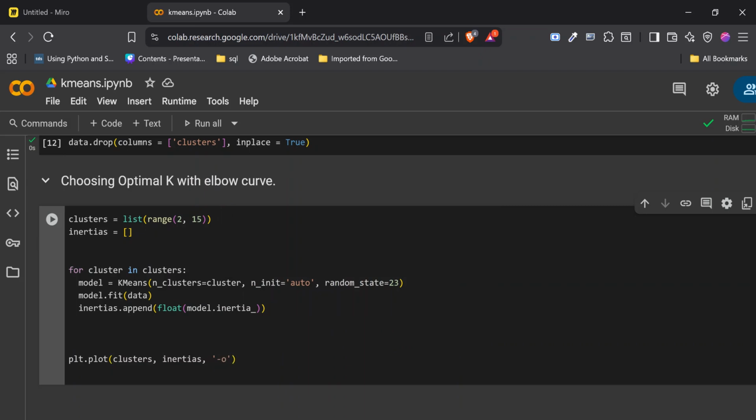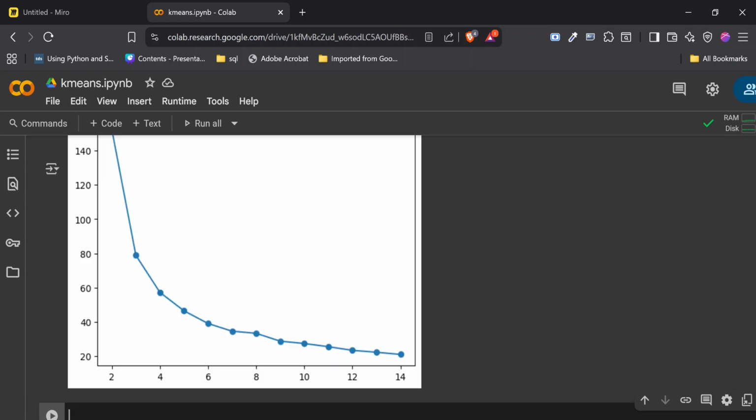Then we can add a title with plt.title, "Elbow curve of k in range 2, 50". If we run that, yeah, perfect.